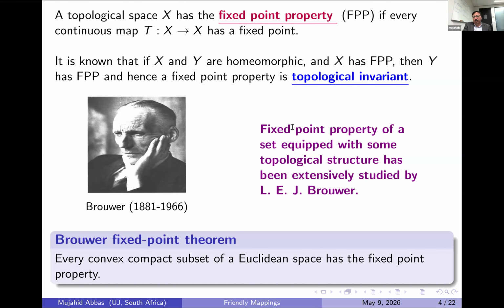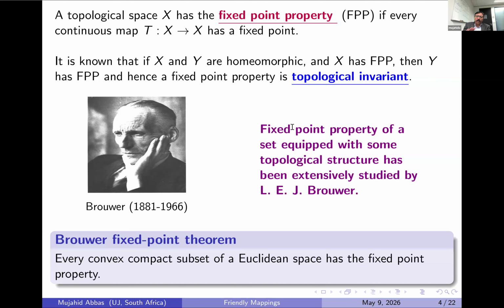And this is the very well-known Brouwer fixed point theorem, which says that every convex compact subset of a Euclidean space has the fixed point property. In the one-dimensional case, if you have a continuous mapping defined on a closed interval AB, taking values in the closed interval AB, then it has a fixed point.